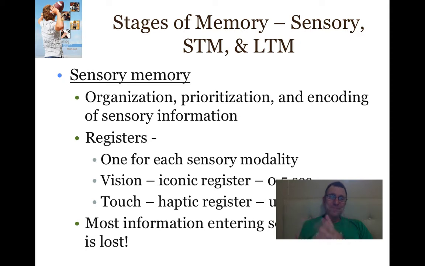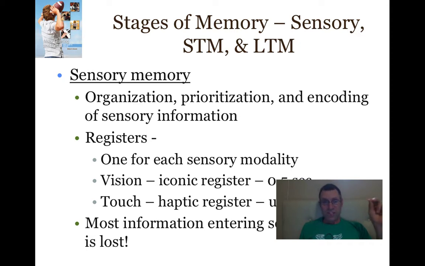All right, let's get back to our memory stuff. We introduced sensory memory, long-term memory, and short-term memory, at least as being things. Well, let's talk about sensory memory. Sensory memory is the organization, the prioritization, and the encoding of sensory information. This sensory memory is usually talked about in registers.